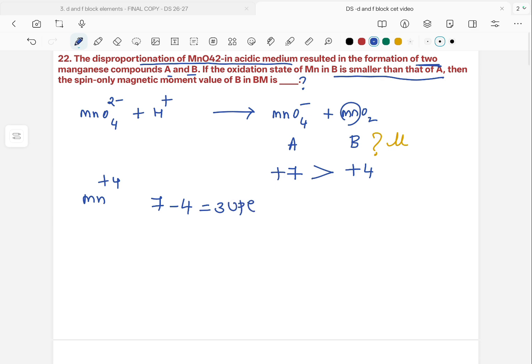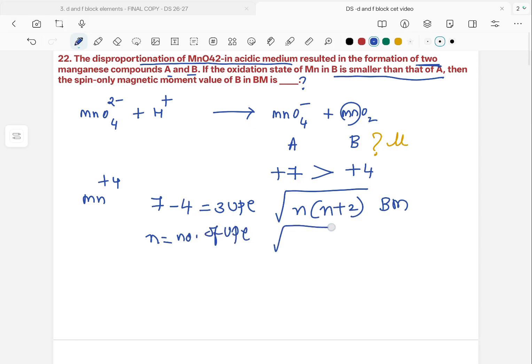So by using the spin only magnetic moment, root n into n plus 2 Bohr magneton, where n is equal to the number of unpaired electrons, let us substitute: 3 into 3 plus 2, which is nothing but root 15, whose value is nearly 3.87 Bohr magneton. So the answer will be 3.87 Bohr magnetons.